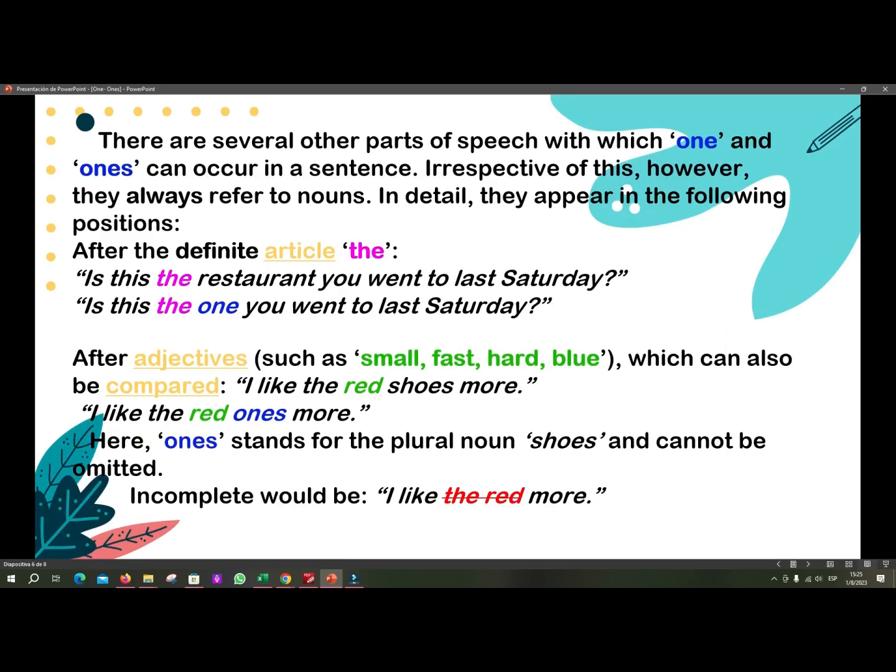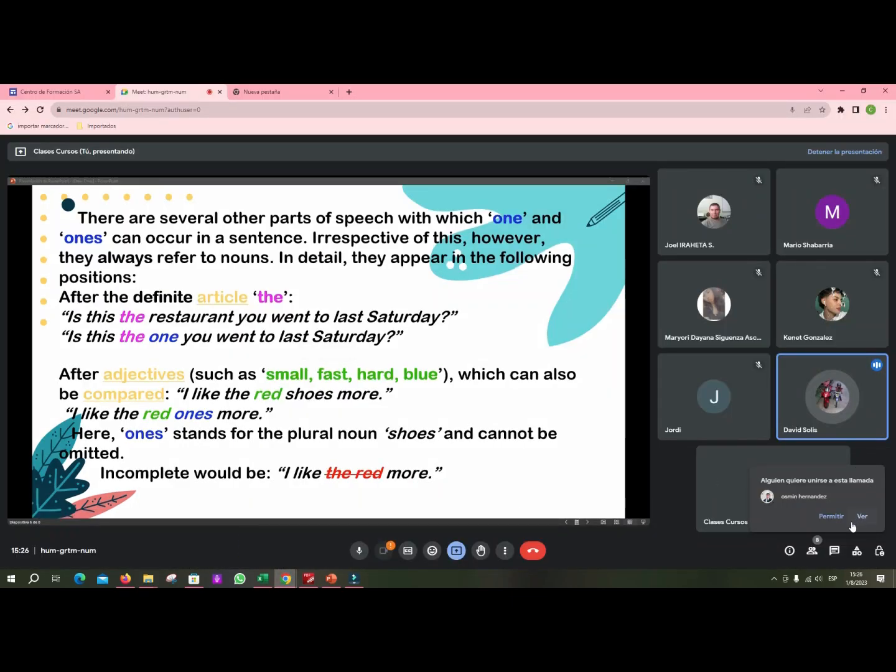There are several other parts of speech with which one and ones can occur in a sentence. Irrespective of this, however, they always refer to nouns.